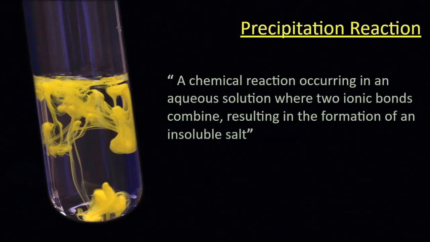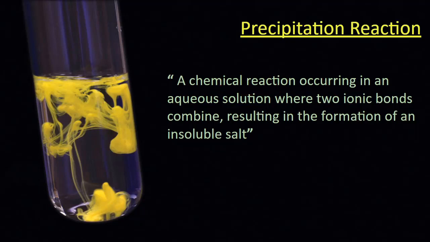So let us start. Precipitation reaction: a chemical reaction occurring in an aqueous solution where two ionic bonds combine, resulting in the formation of an insoluble salt. This is a chemical reaction which occurs in the aqueous solution.